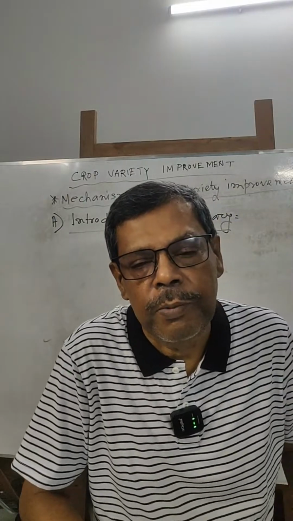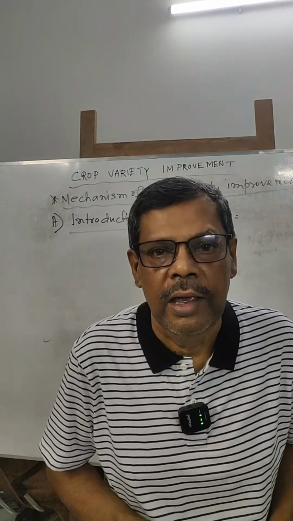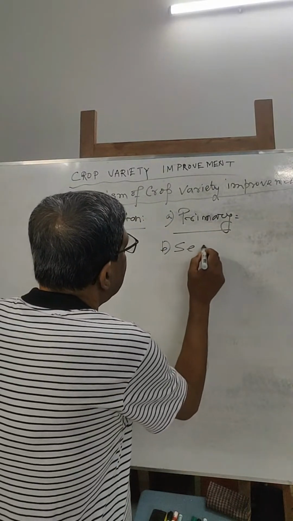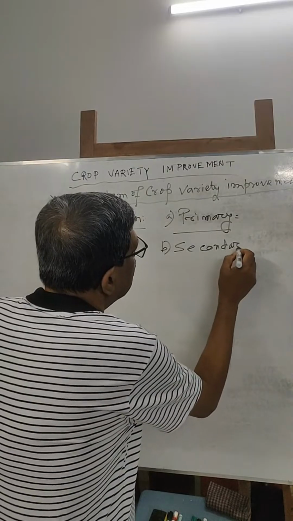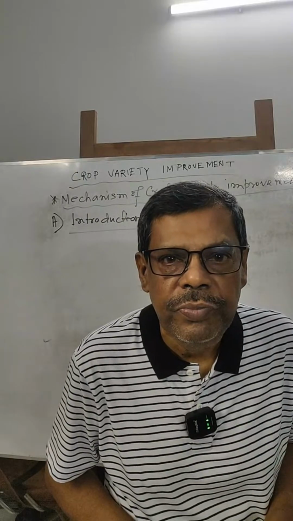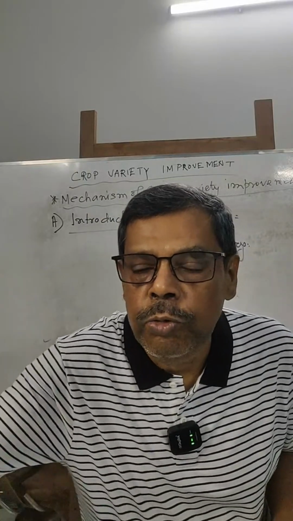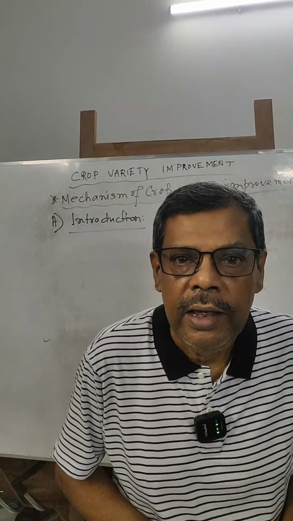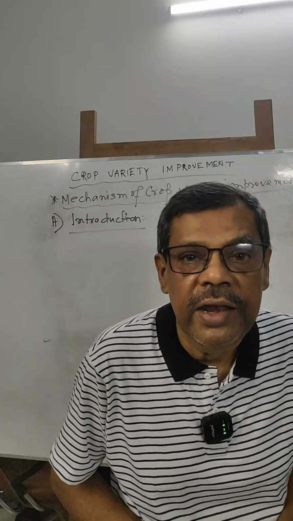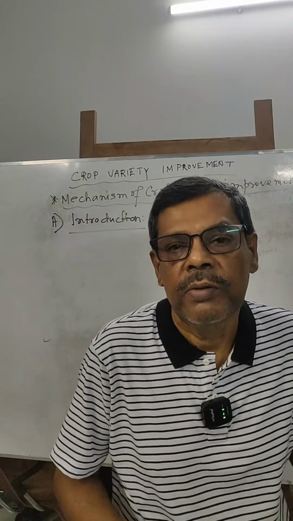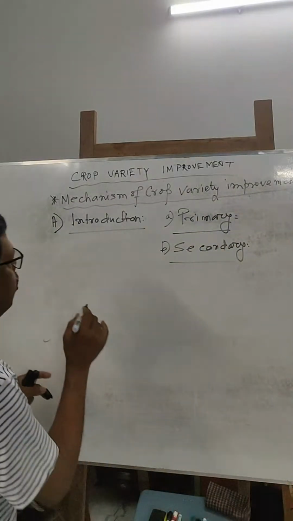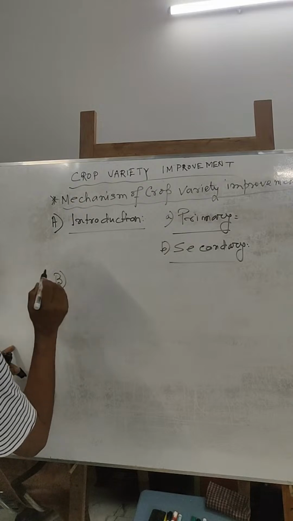The same plant is transferred from one locality to another locality. But in the case of secondary introduction, a local variety is introduced to another locality by hybridization. This is called secondary introduction. These are practiced in various localities. Number B, selection.